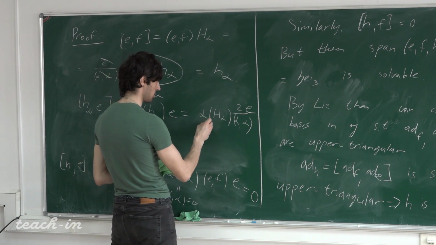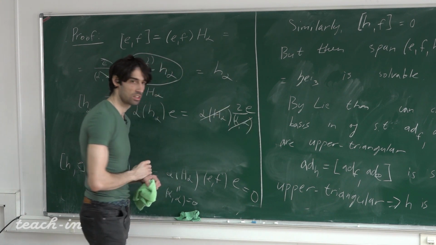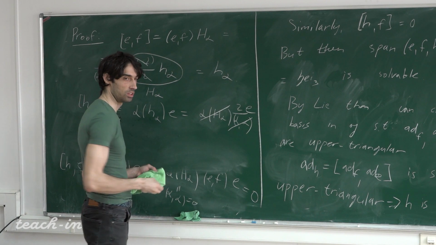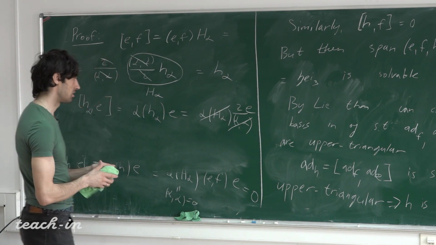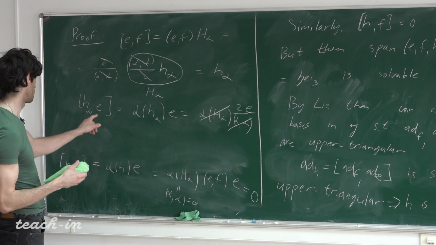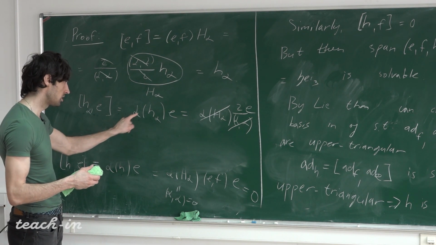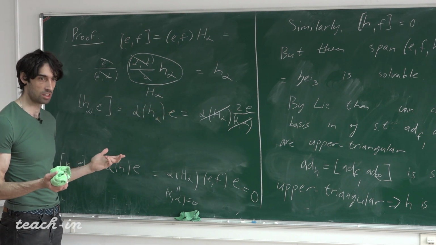So this cancels with this, and so we have 2E. So we're done. Similarly, if I have F here, I will get a minus at the end.